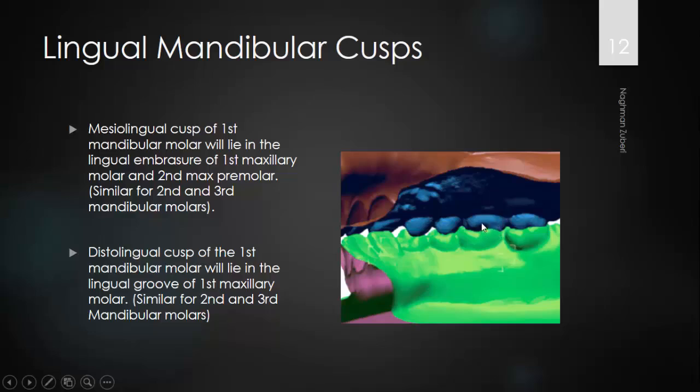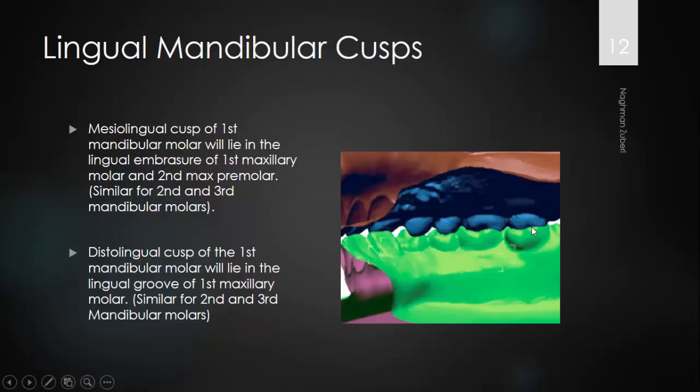Similarly, the distolingual cusp of the lower second molar, or if a third molar is present, they will also be lying in the lingual groove of the corresponding maxillary molars.